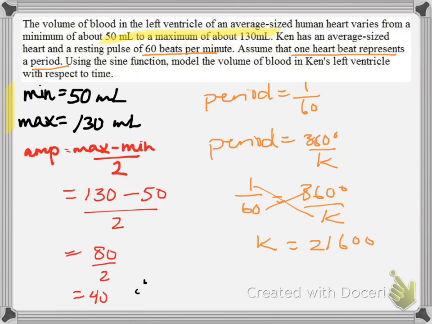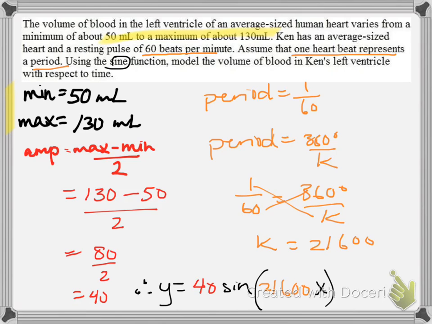Now we're going to sub in everything that we calculated. Therefore, y equals the amplitude, which is 40, sine, because we're using a sine function, 21,600 x. We don't even have to put the brackets really. And then we didn't calculate the vertical shift.